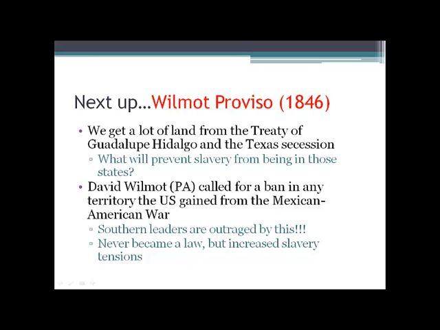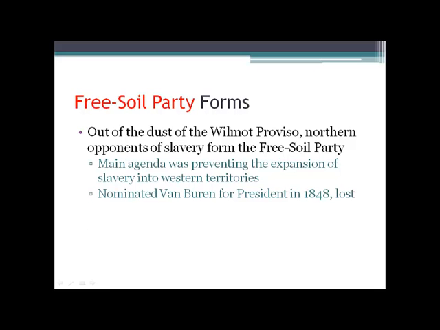And this is 1846. In 15 years, we're going to start the Civil War, so we're getting closer and closer to the boiling point. After this, a new political party called the Free Soil Party forms, and the main agenda of the Free Soil Party is to keep the soil free, to prevent the expansion of slavery into Western territories.